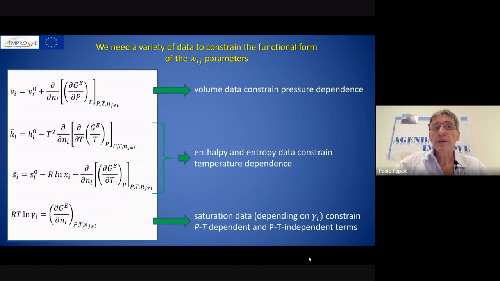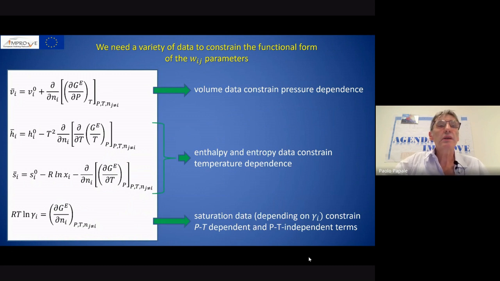A complete and consistent thermodynamic model of volatile silicate melt interaction, allowing the calculation of the effects of volatile components on the thermodynamics of silicate melts, requires such a rich availability of data, as each group of data provides constraints on different aspects of the excess Gibbs energy.